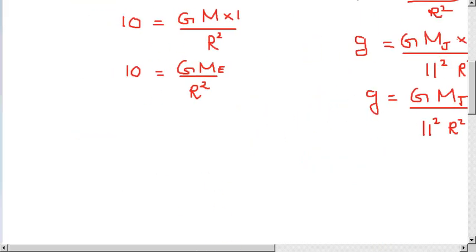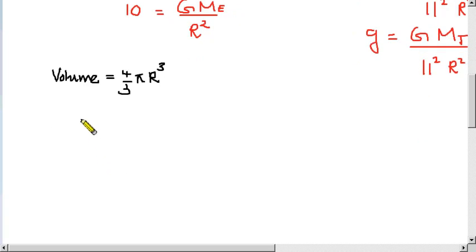So let us find it like this. It is a sphere. What is the volume? Volume equals 4 divided by 3 pi r cubed. This is the equation to find the volume of a sphere. So the density equals mass divided by volume.